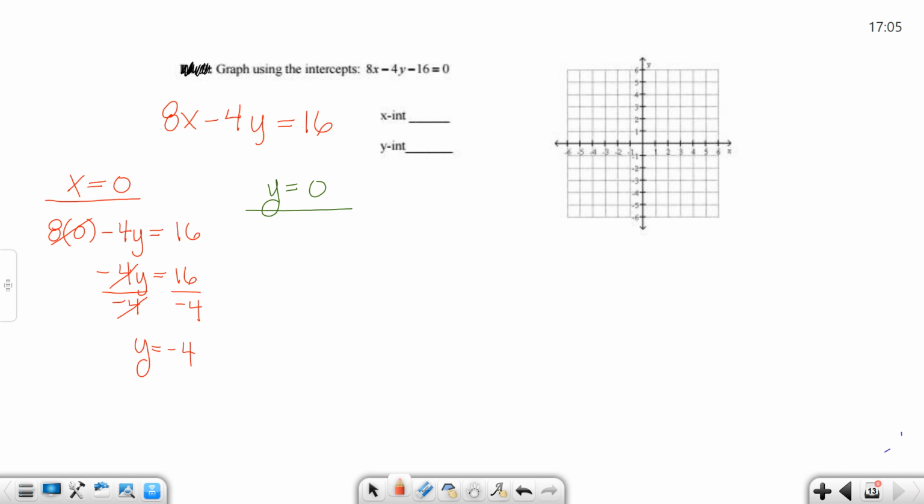Now for this particular point, x was 0 and y was negative 4. That means my y-intercept was negative 4. You'll say, how do you know which one was which? It says here y is negative 4, so that's why I knew it went in the y blank. You could also write it this way.